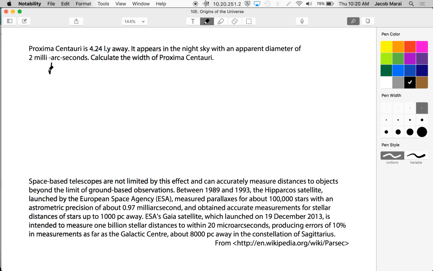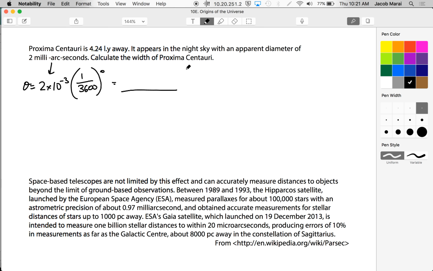So, what we're going to do is we're going to set theta to 2 milli-arc seconds. So small. Okay? And that's going to convert it into degrees. Now, you could do this in your calculator, and you would basically just get a decimal value of a degree. We're talking 10 to the negative 5 or 10 to the negative 6.